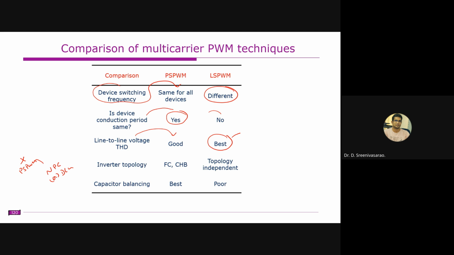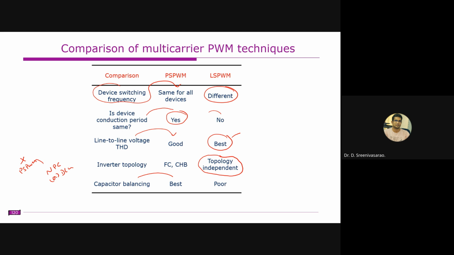Meaning, to obtain one voltage level you normally require multiple paths, and that facility is not there in the diode clamped inverter. Whereas level shift PWM is applicable for any inverter topology. And capacitor balancing, if you are using capacitors, is simple.